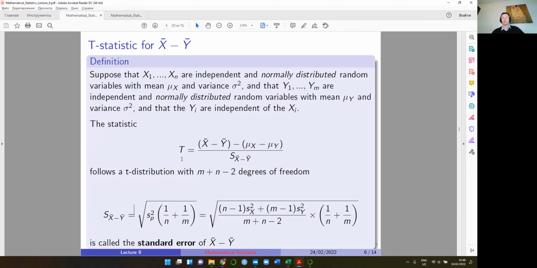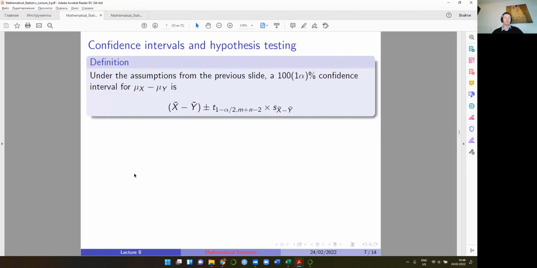So now, with the help of the t-statistic, we can do whatever we want. We can build confidence intervals, we can do hypothesis testing, and so everything is represented here.